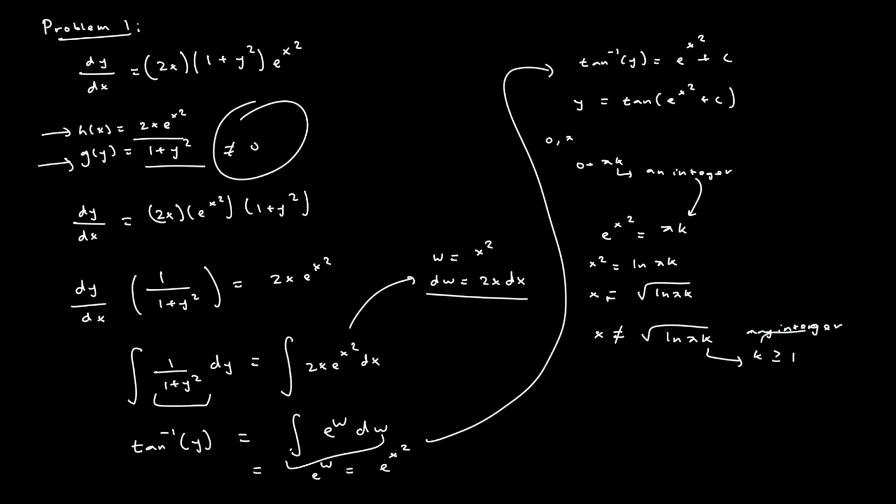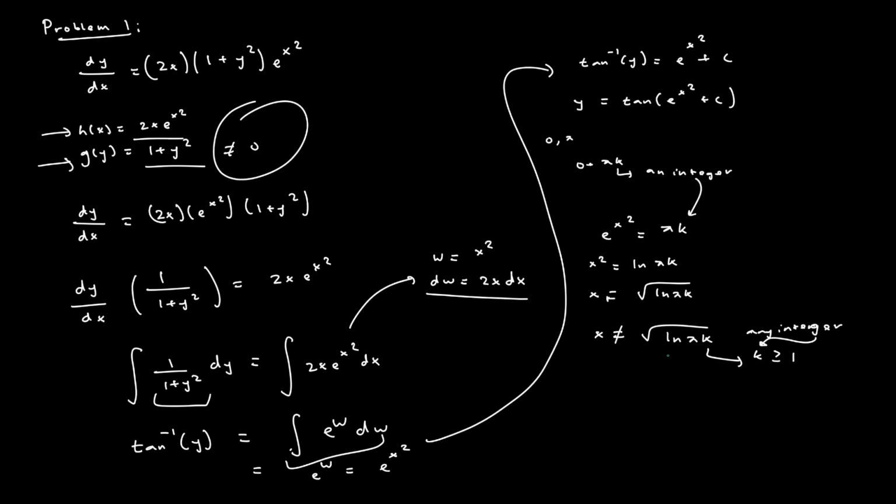So those are values of our domain that are undefined for the function that we ended up with. So whenever we're solving an initial value problem, we have to also check back and make sure that our domains are valid.